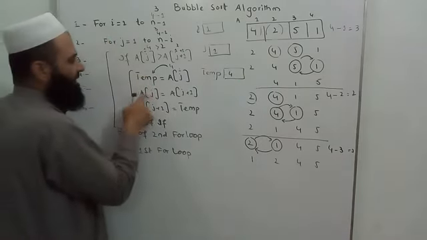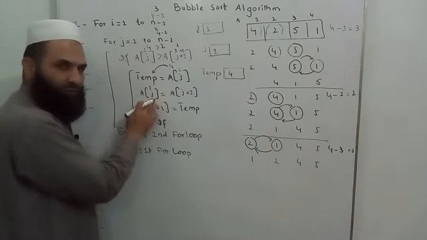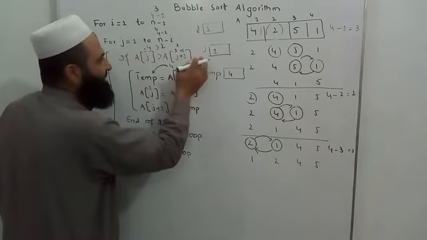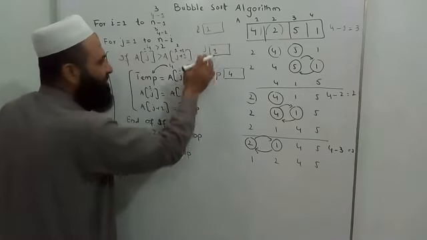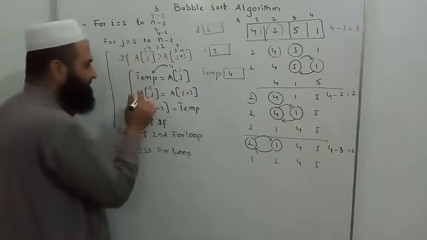Now A of j, j value is 1. Each time you use a variable, check its value in the memory. These are our memory locations, so we will take values from these locations.